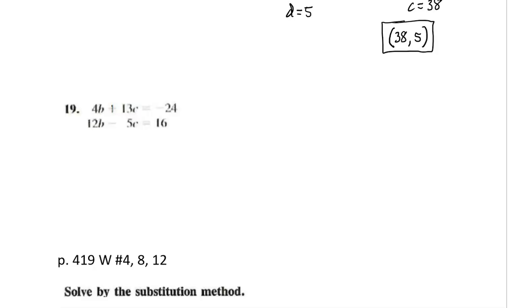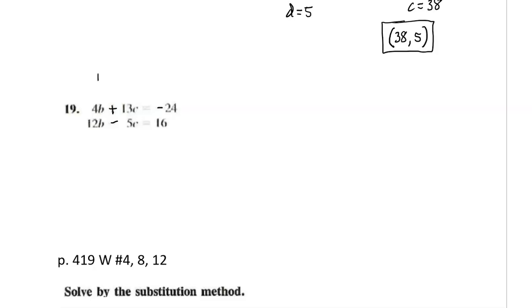Now number 19. The B terms are not opposites, nor are the C terms. Now, what is the easier path to get opposite terms? Is it to make the B's be opposite or the C's be opposite?